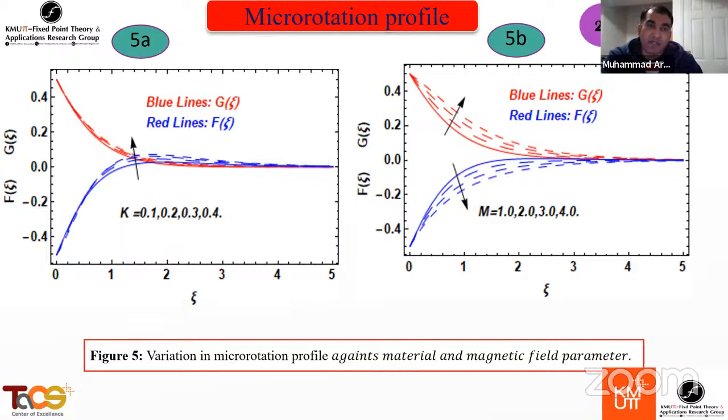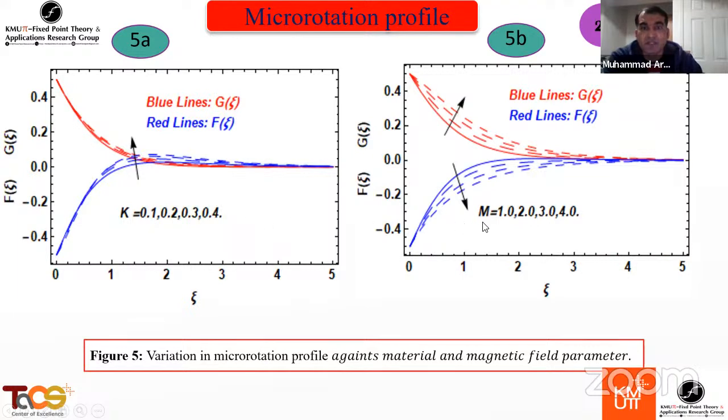Now figure 5a and 5b show the variation in the micro-rotation profile against the material and magnetic parameters. Here K represents the material parameter and M is the magnetic parameter, and capital F and G show the micro-rotation parameter. F shows the primary one and G shows the secondary one. In the case of the material parameter, both accelerate by increasing the material parameter.